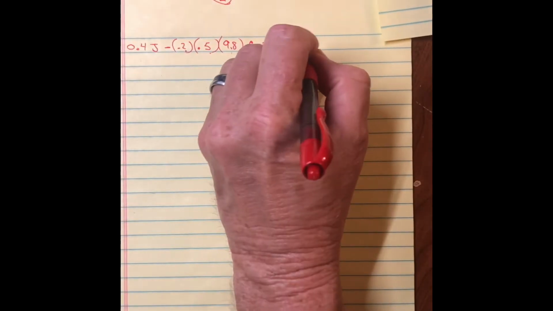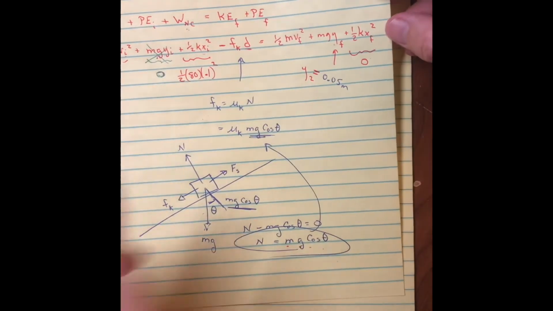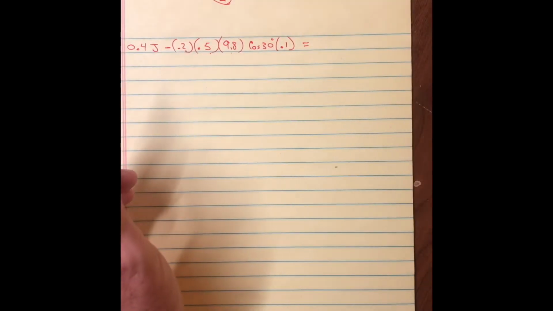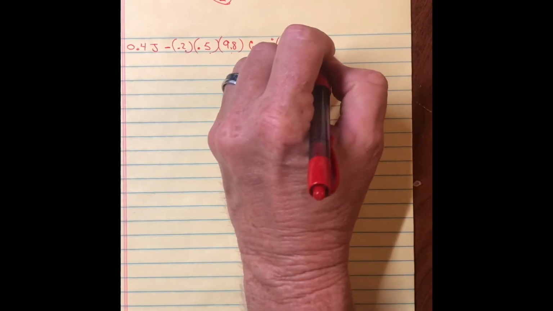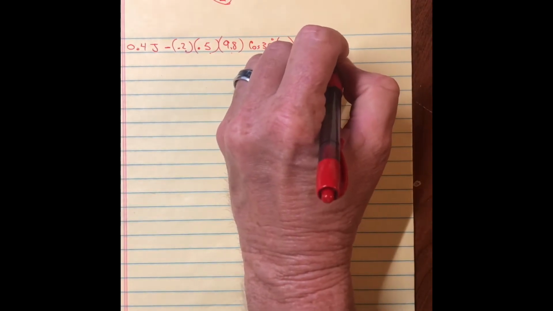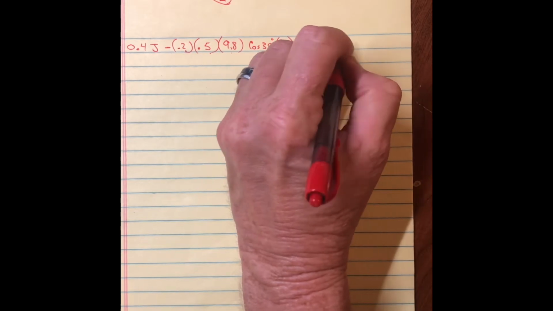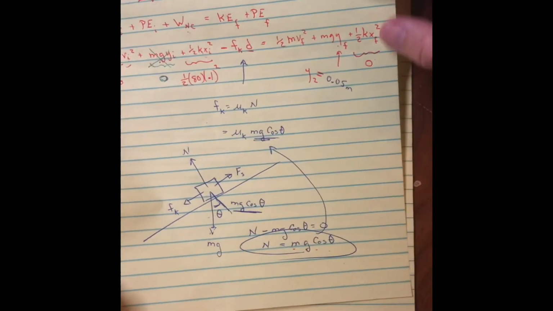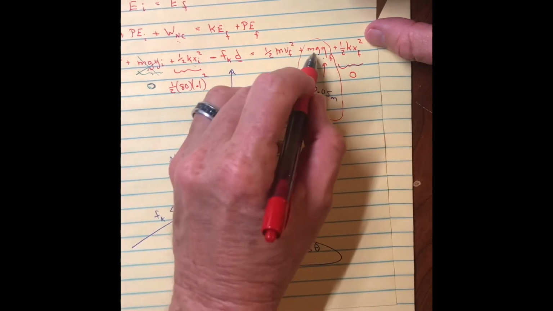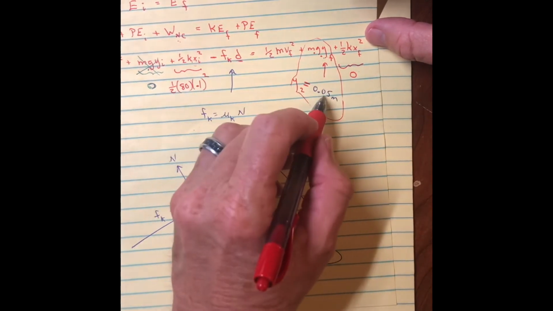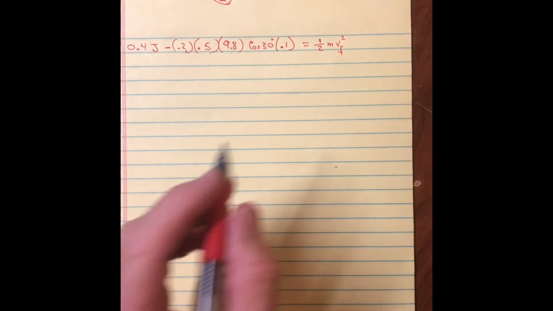Then that has to equal, and why don't I just leave this for a moment as 1/2 mv final squared, because this one here we talked about would be mg, and then the height we worked out.